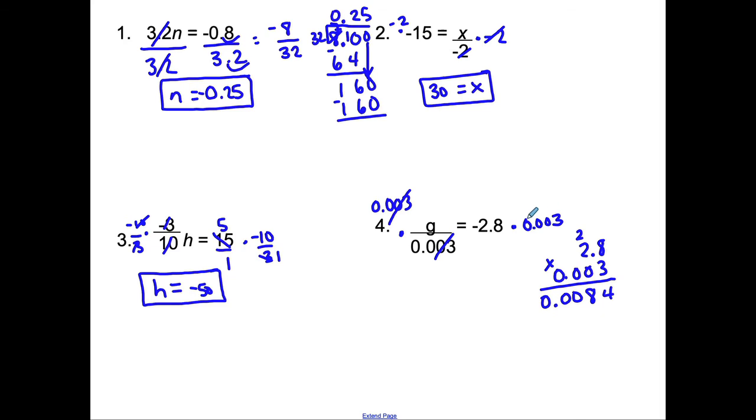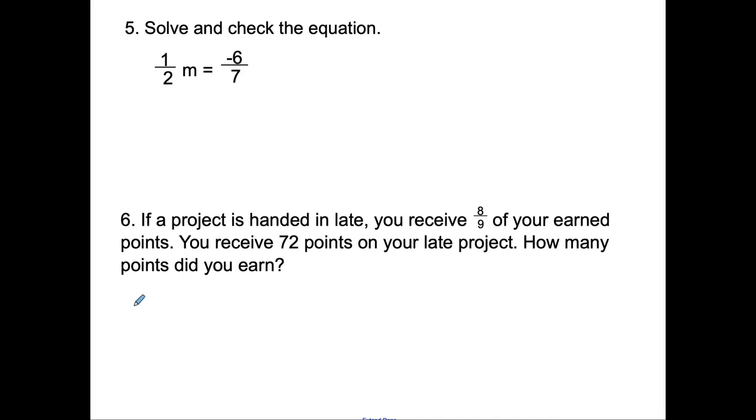Different signs, answer is going to be negative. So g is going to equal negative 0.0084. That's negative 84 ten-thousandths. That's how you say that number. All right, and our last two, go ahead and pause the video and try these on your own.